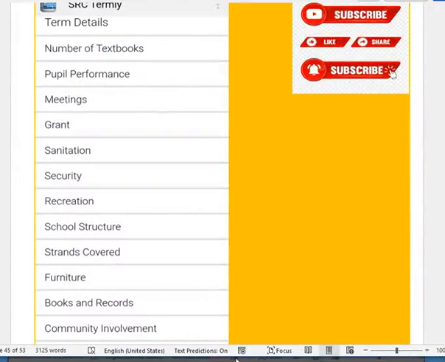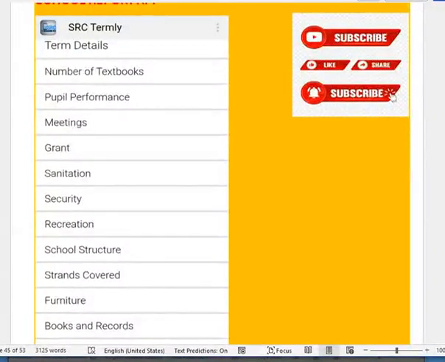What are some of the data or records required to input on the mobile school report card application? As administrator, you are required to provide these data at the end of the term, and these requirements include number of textbooks, pupils' performance, meetings held in the school, grants and all sources of monies or funds received in the school, sanitation practices, security issues in the school, recreational activities organized in the school, the status of the school structure, the number of strands covered for each of the subjects, furniture availability in the school, books and records in the school, community involvement or participation in the management of the schools.